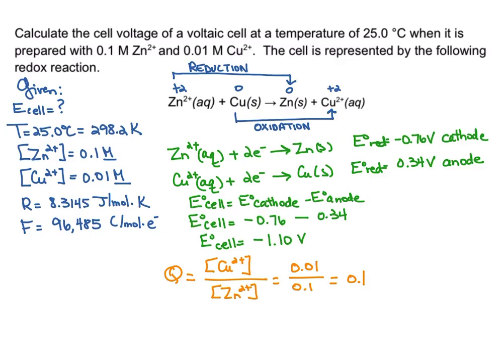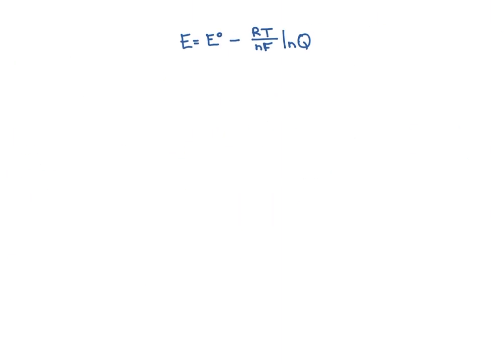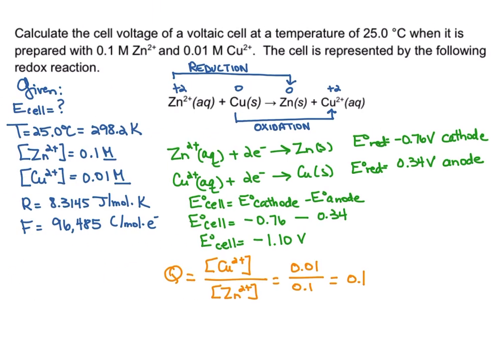Now it's time to use the Nernst equation. E equals standard E minus RT over NF times the natural log of Q. R and F are constants. N is the number of moles of electrons that got transferred. So we take a look at our half reactions. The electrons cancel out when they are 2 electrons, so N equals 2.